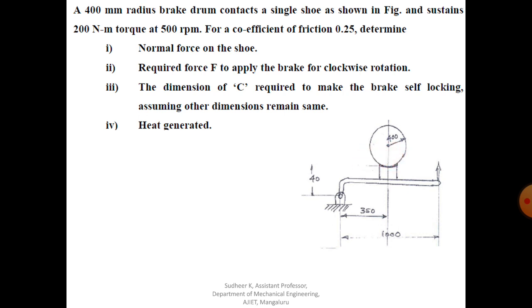Based on these parameters we have to find all four answers: the normal force, the value of F, the value of C in order to make the brake self-locking, and the heat generated. Now we'll see one by one.